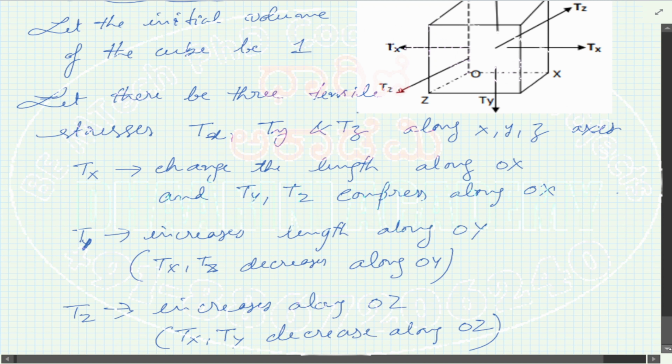When you consider Tx alone, it is going to increase the length of your cube along the x-axis, but at the same time, Ty and Tz will compress the size of the cube along OX. So Tx will try to increase the length, and Ty and Tz try to reduce the length.